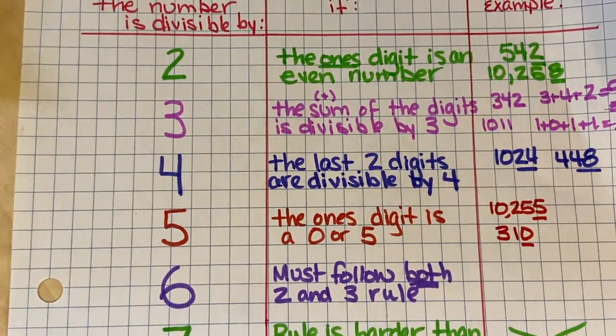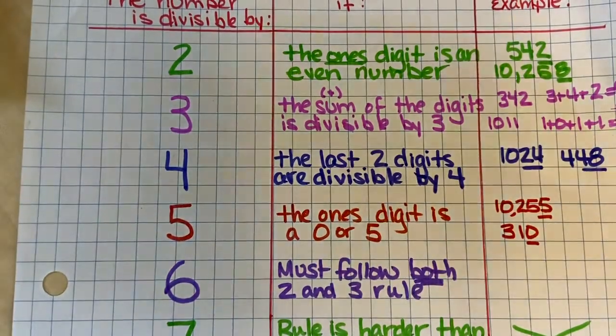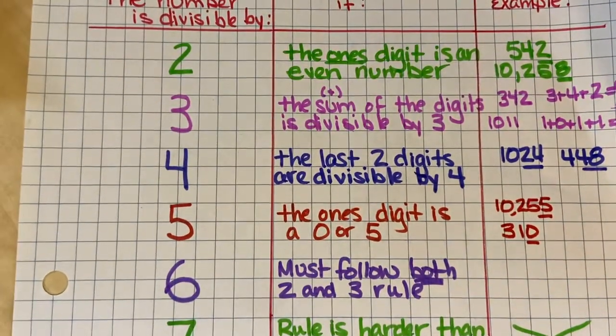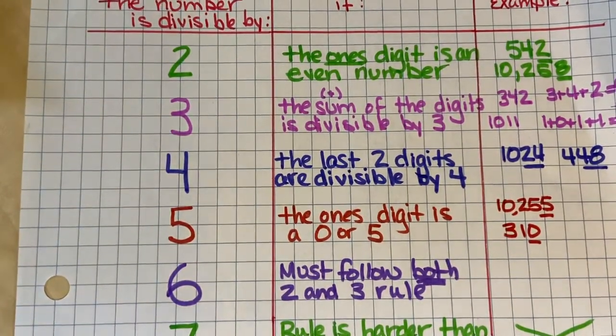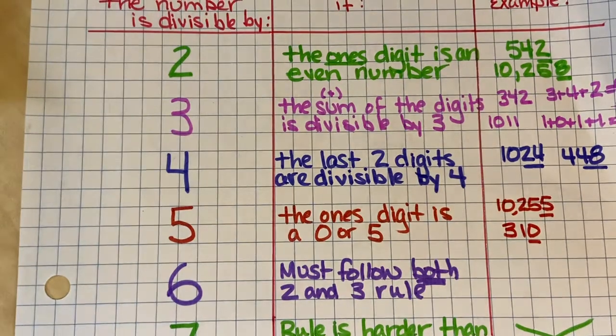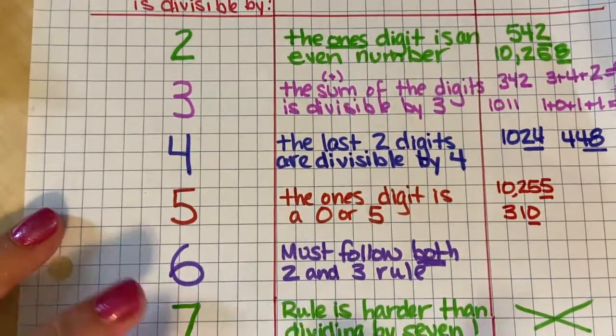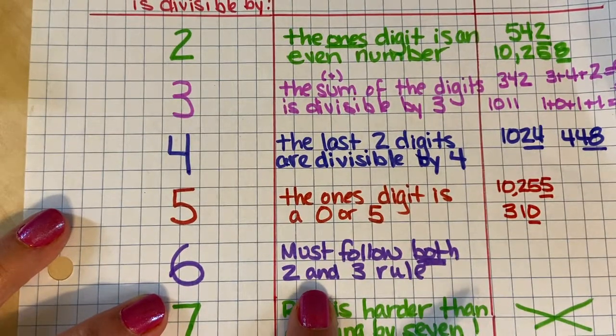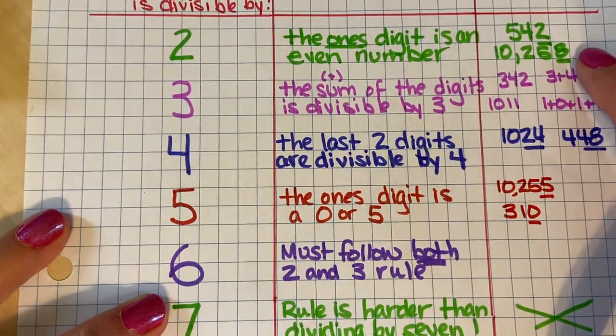All right, so they're not that tough. You just got to kind of memorize them, and a lot of them are common sense, but you just have to think about them. The 2 rule you should already know. The 5 and the 10 rule, I think you guys already know if it ends in a 5 or 0, okay?